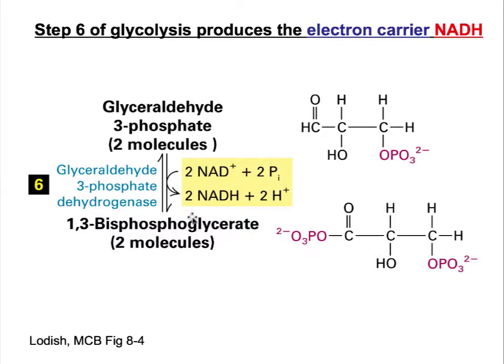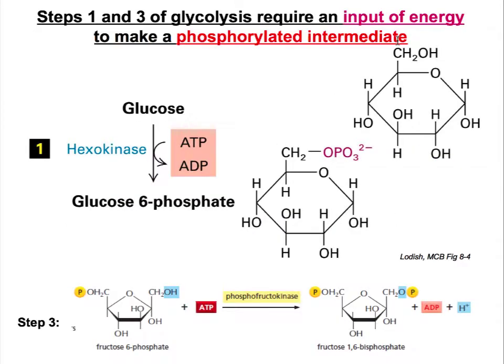Therefore, everything is multiplied by 2 to account for those 2 molecules. Students are encouraged to learn the name of each enzyme at each step, the substrate going into that step, and the product of that step, which then becomes the substrate for the next step.